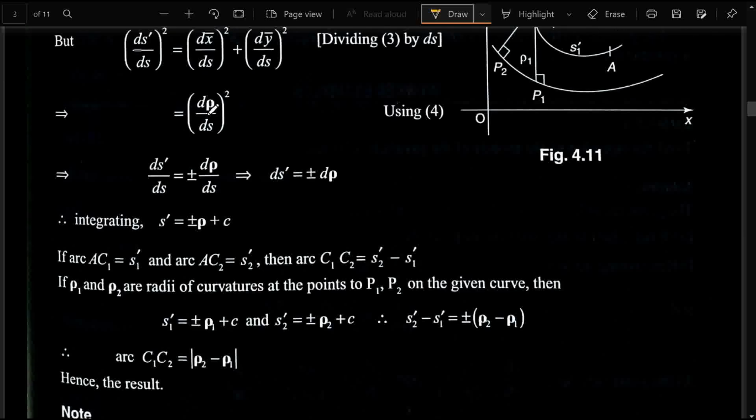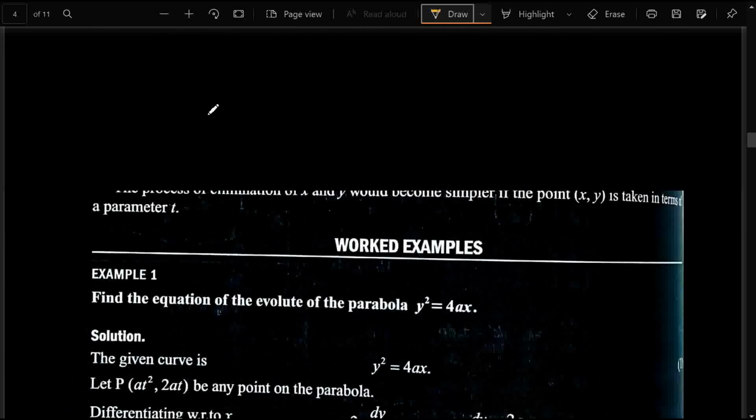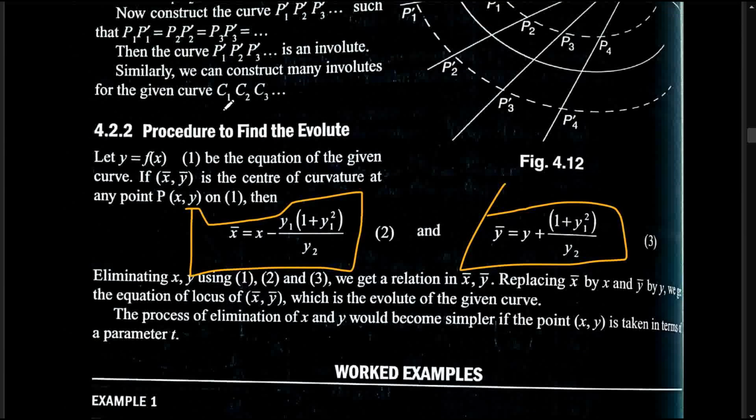So how to find the evolute? The evolute is nothing but a set of points, and this is what we are going to find. x dash is equal to the x coordinate: x minus y1 (1 plus y1) whole squared by y2.